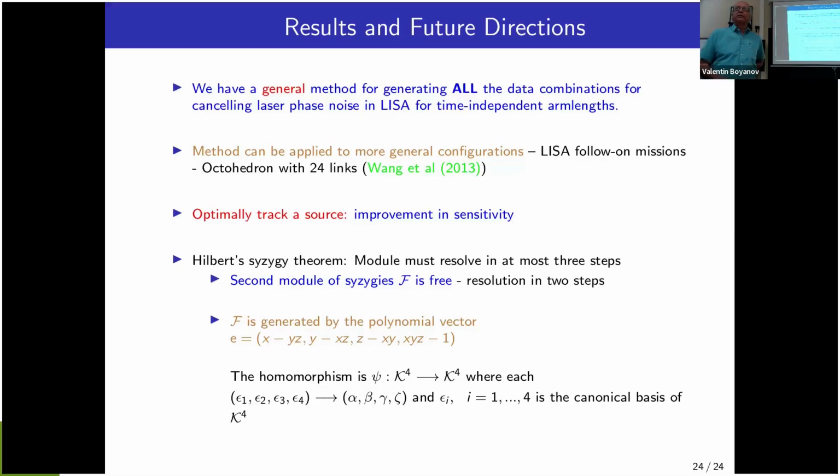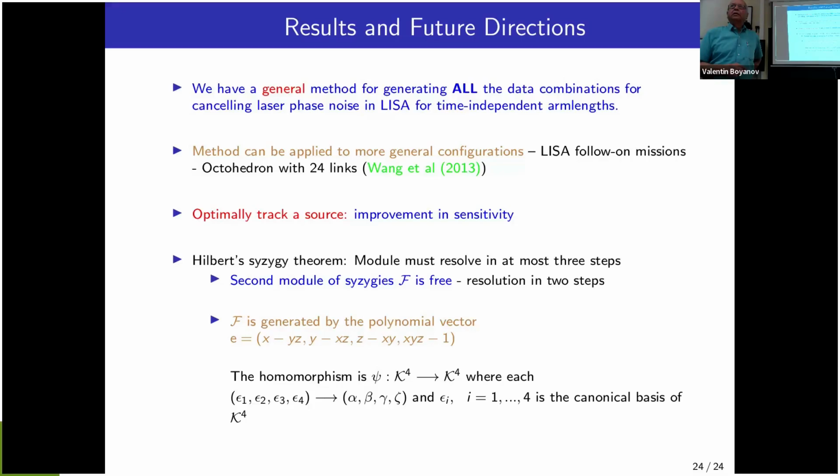I was trying to find it for the non-commutative case, and they proved that it's a zero module or something. I'm not sure of the proof. There's no non-trivial solution. That's what they claim, but I have not looked at the proof very carefully. That being the case, the next best thing is to find an optimal one, the one that reduces most of the noise.